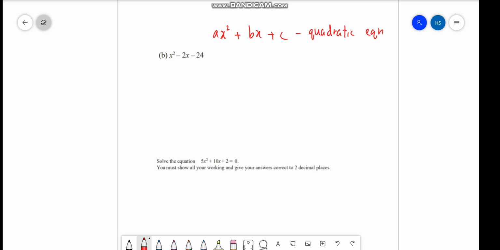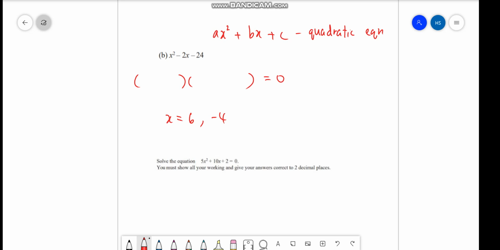Okay, so for example, this one, my a is 1, my b is -2, my c is -24. Once you key in your calculator, it will show you the final answer, x equals to 6 and -4. But we haven't finished. We must show the steps. So to show the steps, we have to do the reverse, like how we get this x equals to 6 and -4.